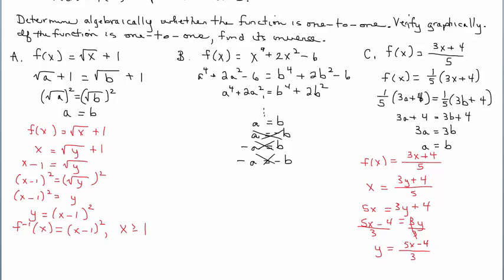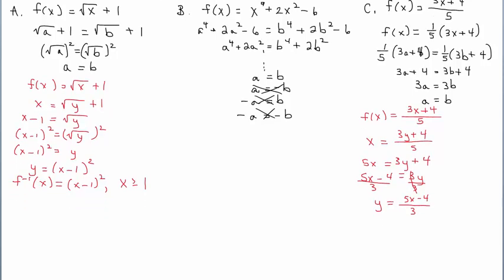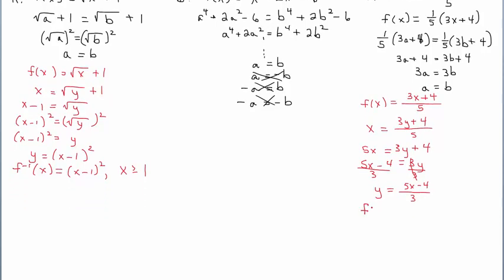And then the last thing I'm going to do is replace the y with the inverse notation. And again, remember that you could slide the numerator off and you're just saying it's 1/3 times quantity 5x minus 4. Either way, doesn't matter. They're both correct. Okay. All right, so that sums up our work with inverse functions.